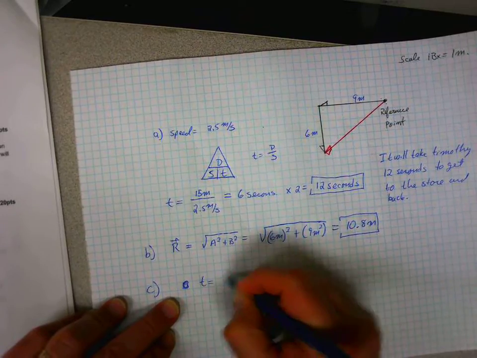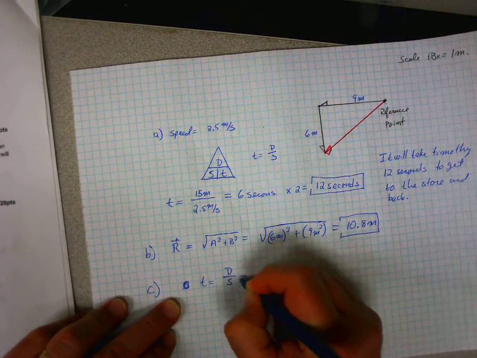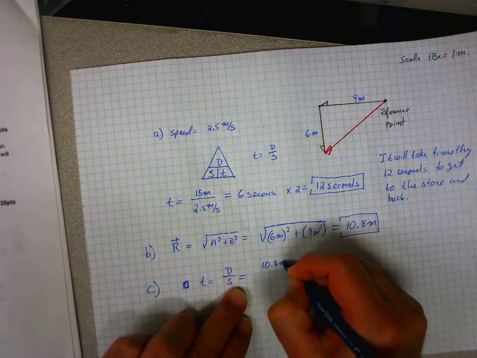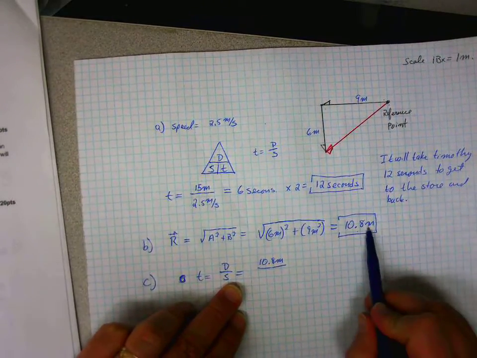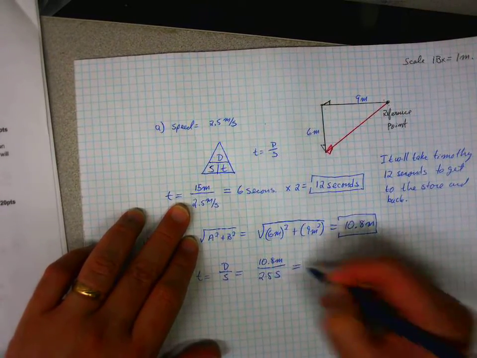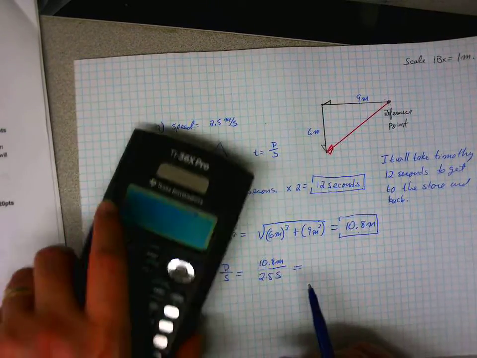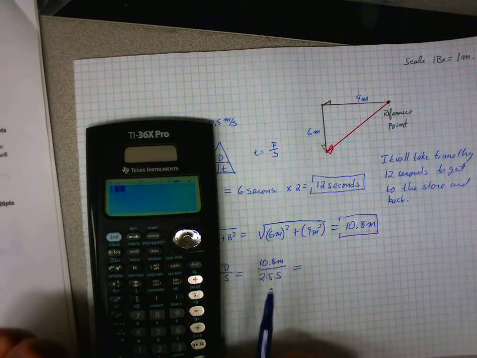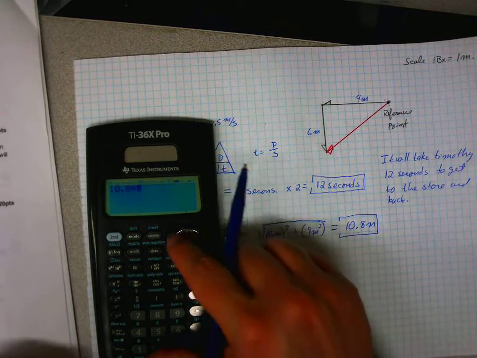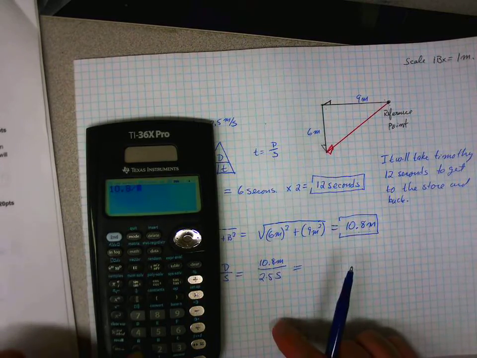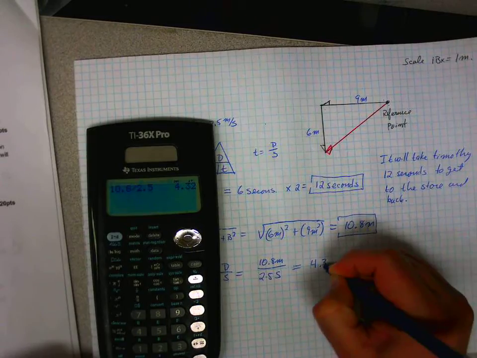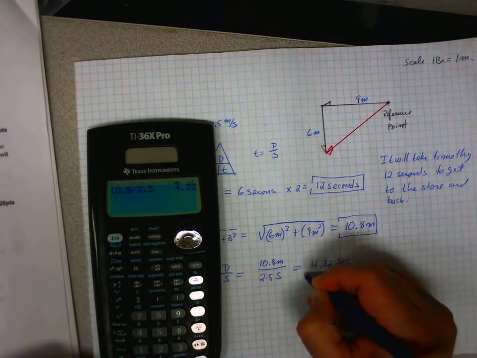Time is equal to the distance divided by speed. We have the distance of 10.8 meters, and we divide that by the speed of 2.5 meters per second. Again, we take our calculator: 10.8 divided by 2.5, and we get a time of 4.32 seconds.